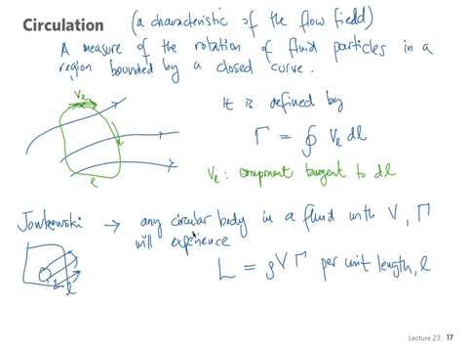Circular body, what do I mean by that? I mean cylindrical. So let me just, actually that's more precise, let's say cylindrical. Sorry about that. Cylindrical of any shape. So like, of course, a cylinder, but it could be any shape.